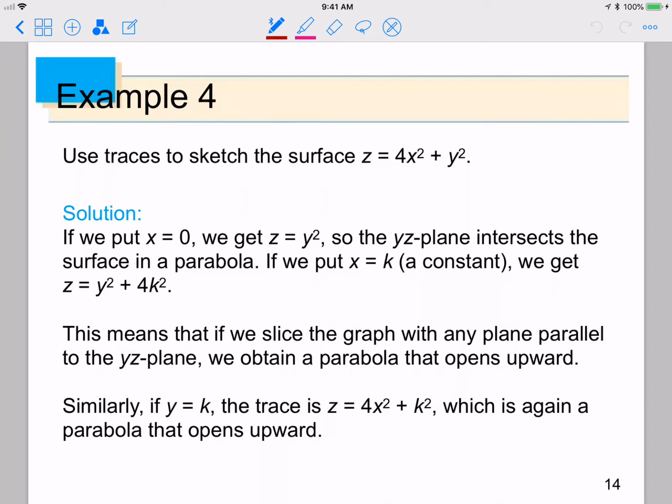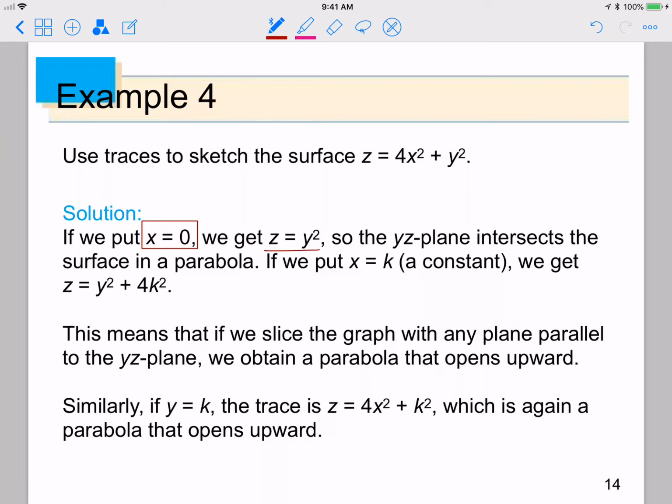And now let's look here. We've got another example. Use traces to sketch the surface of z equals 4x squared plus y squared. Now, the approach again here is to look at traces. First, we look at what happens if we plug in x equals 0.